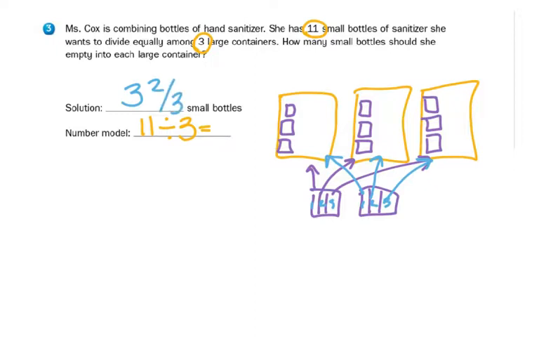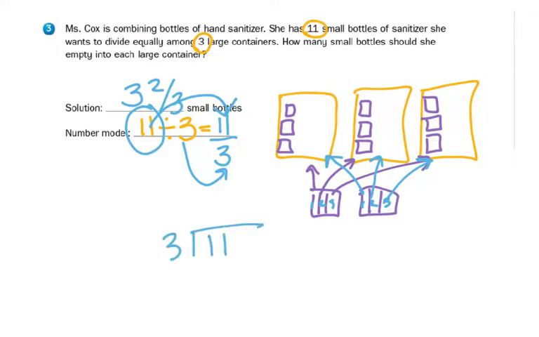Another way to say that is 11 thirds. Look at what happened when I took 11 and divided by 3. 11 thirds is the same thing as saying how many 3s are there in 11. That's where I get 3 and 2 thirds from.